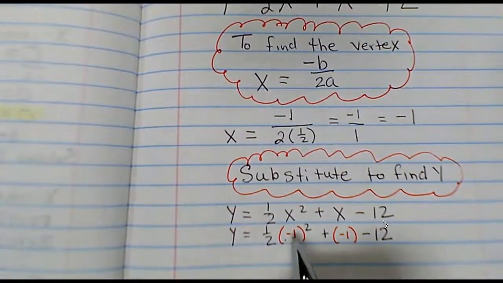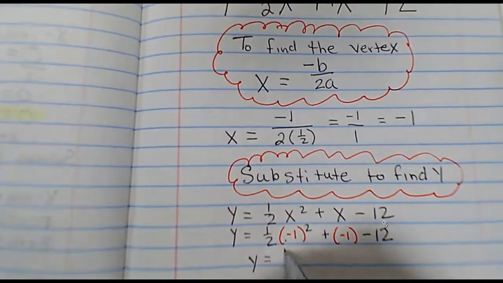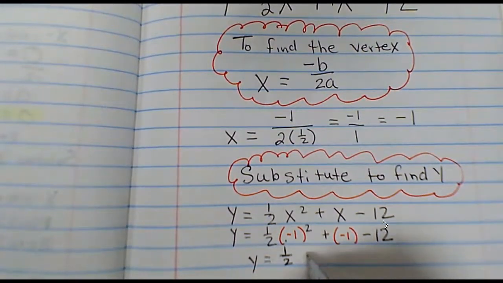What is negative 1 squared? That would be positive 1 times a half. And that would be a negative 1 plus a negative 12.